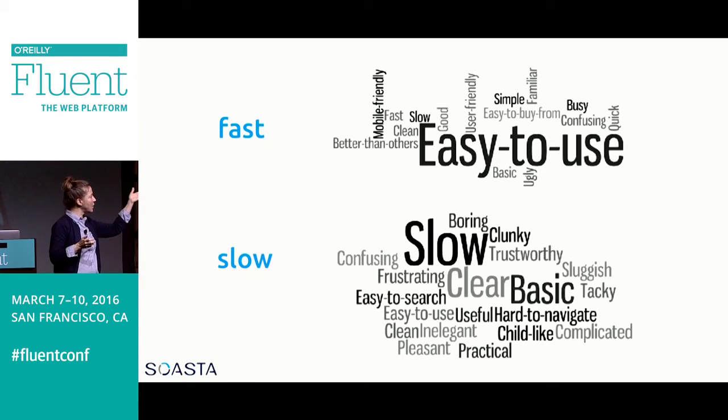So you see slow up there in really large letters. But you also saw confusing. You saw ugly. You saw frustrating, hard to navigate. So basically, people were critiquing the usability of the site, the information architecture of the site, the design and the content. All of those things got negatively painted with whatever the opposite of a halo effect is of performance. That was it.